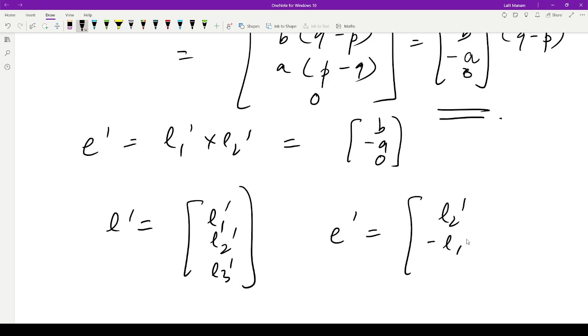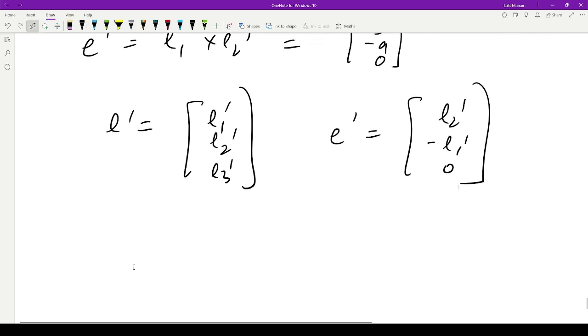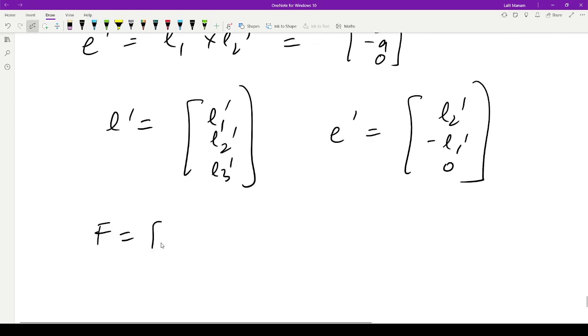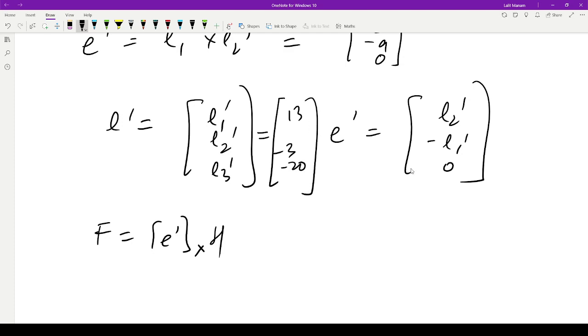L2 prime minus L1 prime 0. Yes? Yes, sir. Given this, we can now compute the fundamental matrix. Our L prime will look something like this, if my calculations are right, that you can check by doing it yourself. So our epipole will look something like minus 3, minus 13, 0.